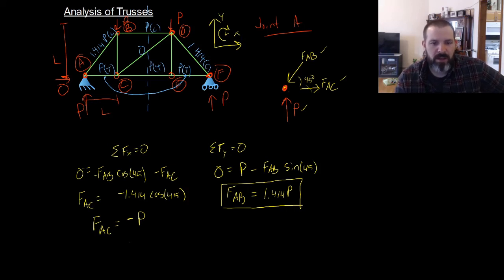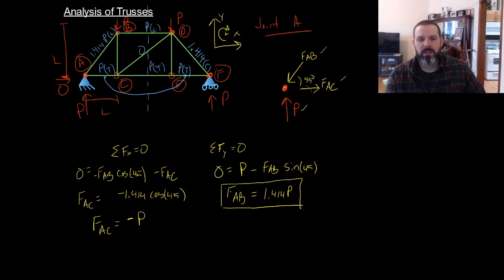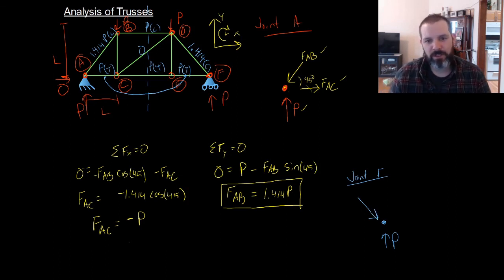Now, at first, symmetry can be hard to pick out, and that's okay. What you can do is do your equations of equilibrium anyway. We could solve joint F. And if you start looking at joint F and you say, well, I have P acting here, I have FDC, FDF here, I have FEF here, this is 45 degrees.